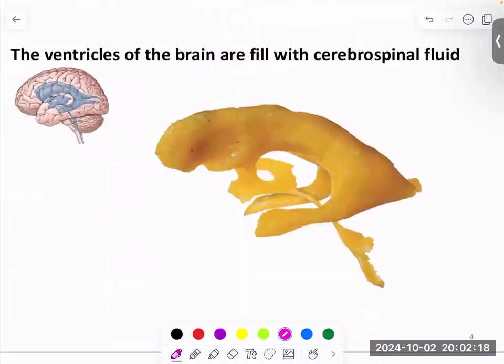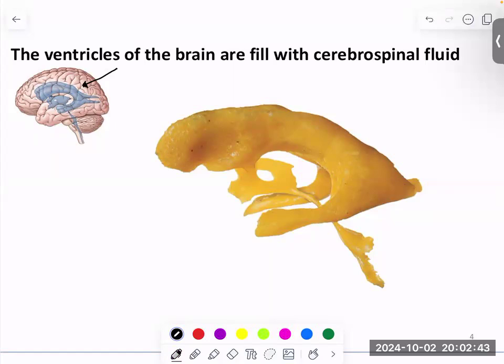We're going to learn about the ventricles. You're going to have to be able to identify the ventricles. For a lecture, you have to be able to identify them and tell me what part of the brain they serve. What the ventricles are, in this area right there, you can see inside the brain, there's just space filled with fluid.